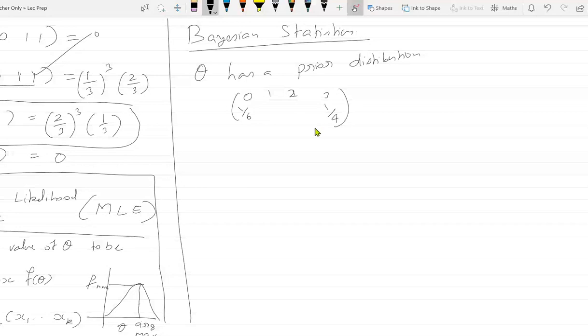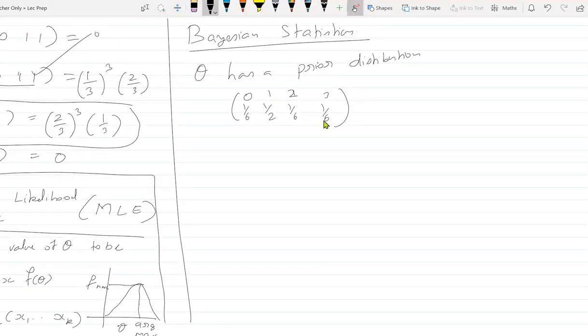All of this has to add up to 1. 1 by 4, and I want 1 to be 1 by 2. So this is 1 by 2. These two already are a problem. So the remaining thing is 1 by 2. It has to be divided among 3 things. So it is 1 by 6, 1 by 6, 1 by 6.